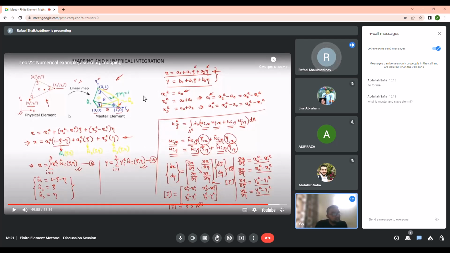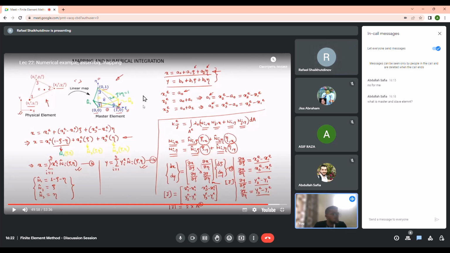You say master element and physical. I heard the master definition as: physical element, master element. In lecture 7 it says that we have physical element and parent element. So Amit says that master is the parent element. Yes. And you say that physical is the slave element, and this is the master element.